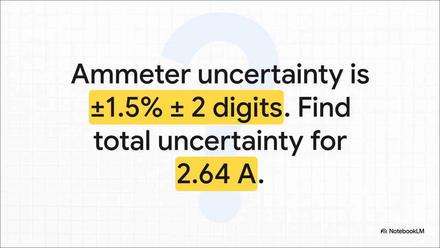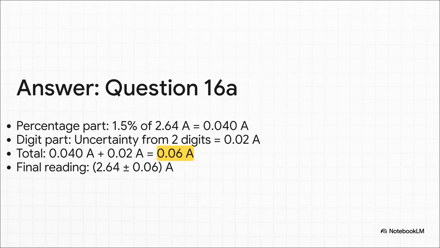Okay, ready for a level up? This one's a bit more involved. Digital instruments often have this two-part uncertainty. This ammeter has an uncertainty that's a percentage of the reading plus a fixed number of digits. So for a reading of 2.64 amps, what's the total uncertainty? The trick is to just tackle it one piece at a time. First, let's figure out the percentage part. 1.5% of 2.64 is 0.040 amps.